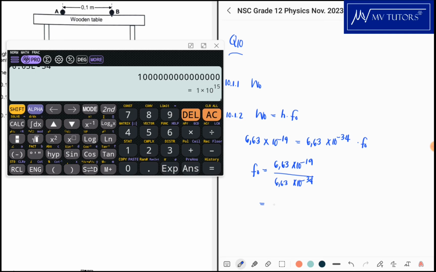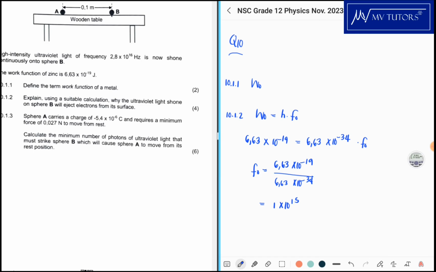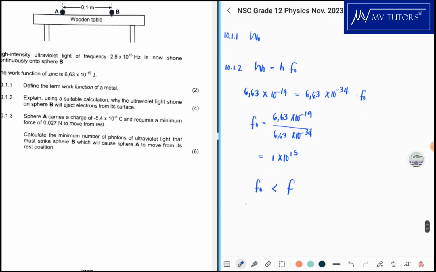We get 1 times 10 to the 15. Okay, so you see now, the threshold frequency is actually less than the frequency of 2,8, because we have 1 times 10 to the 15, which is less than 2,8 times 10 to the power 16 hertz.